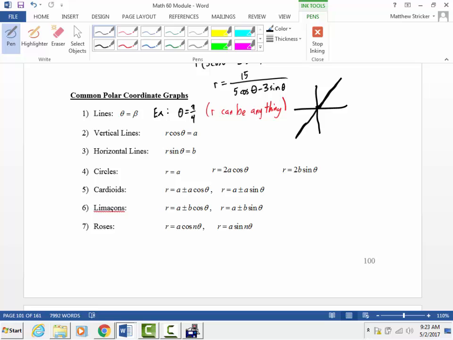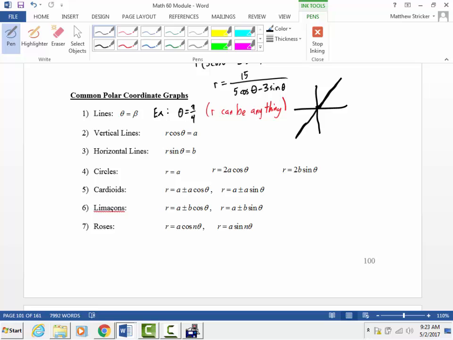Theta is always pi over 4. How about vertical lines? Vertical lines look like this for us. Either r cosine theta equals a constant. The horizontal lines look like r sine theta equals a constant.